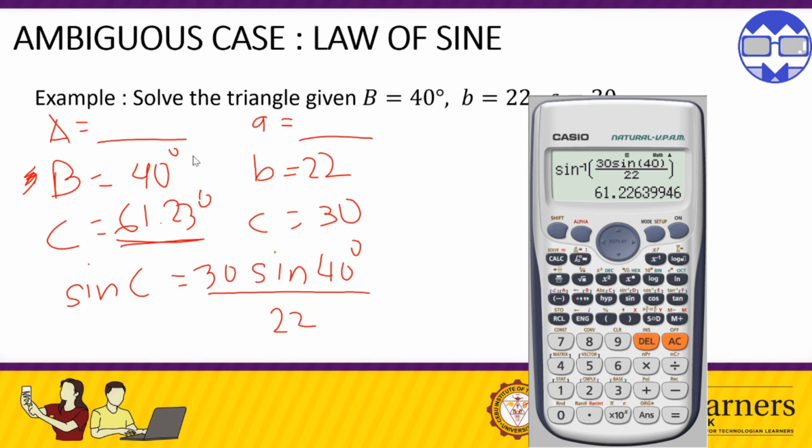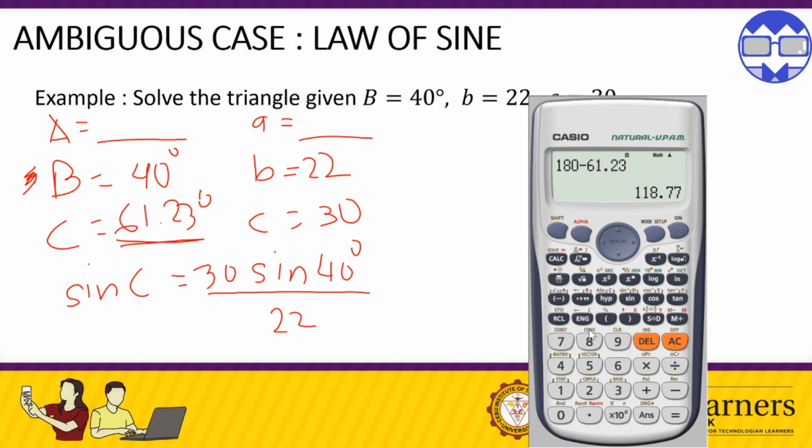Is it the only solution for C? So how do we know? Let's check. For the second value of C, it's just 180 minus whatever is your angle, 61.23. So it's 118.77, and take note that 118.77 is less than 180.